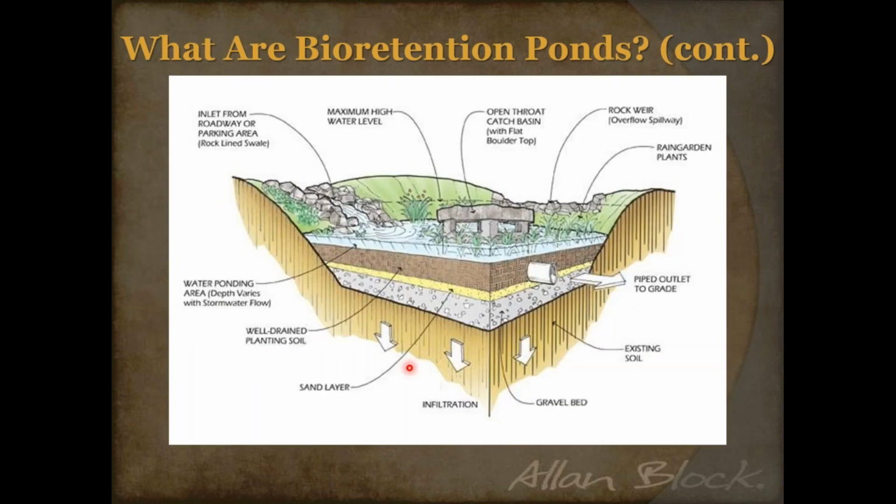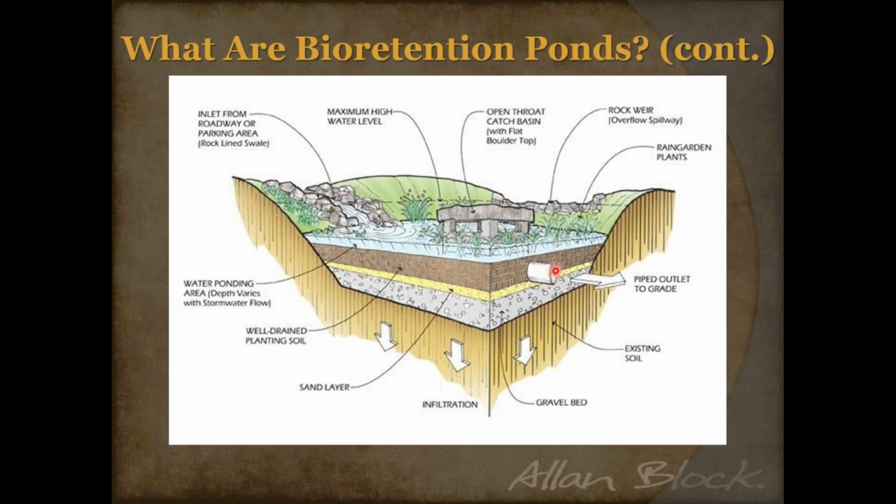Here's another detail, and I like this one because it kind of breaks it apart, where you've got that water source coming from that stormwater runoff. You might get some temporary ponding because of the volume of water, but eventually that all seeps through your soil media, through your sand, and into your drain rock. And this piping is going to be dependent on your design requirements.